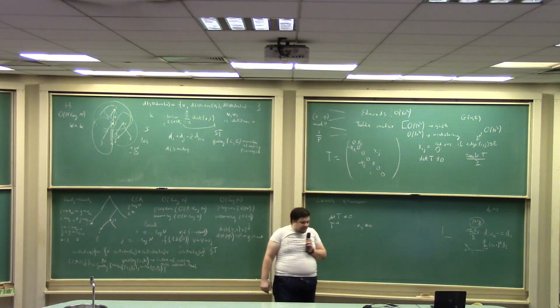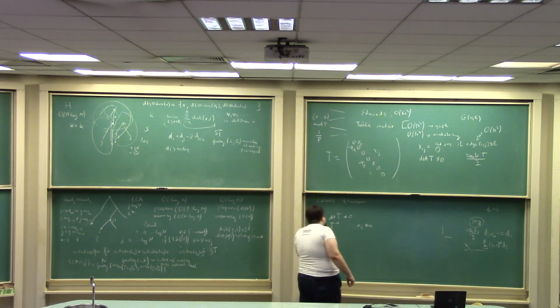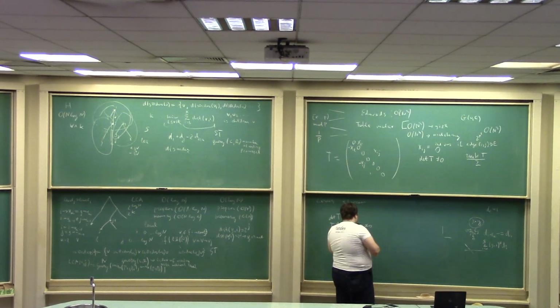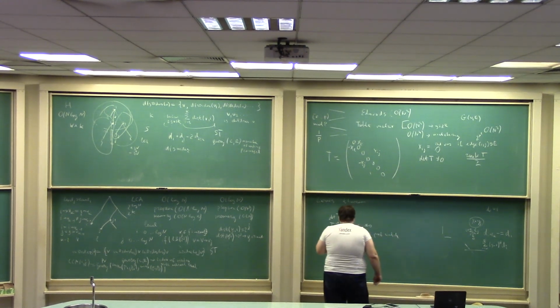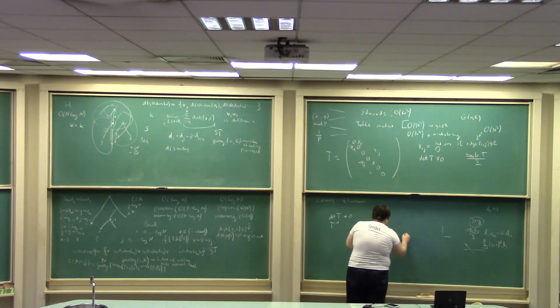Then with big enough probability, there is a perfect matching that contains the edge ij.